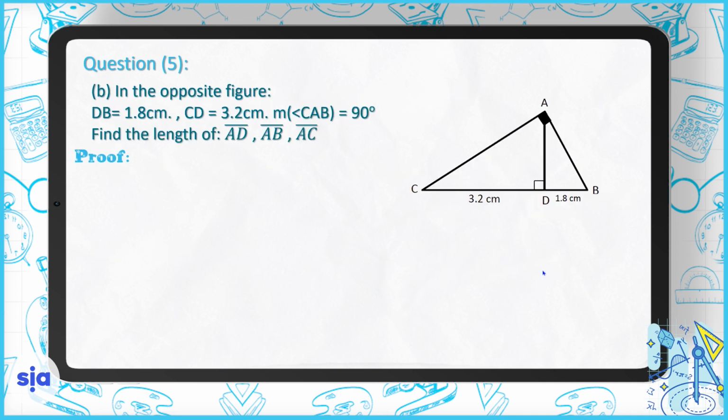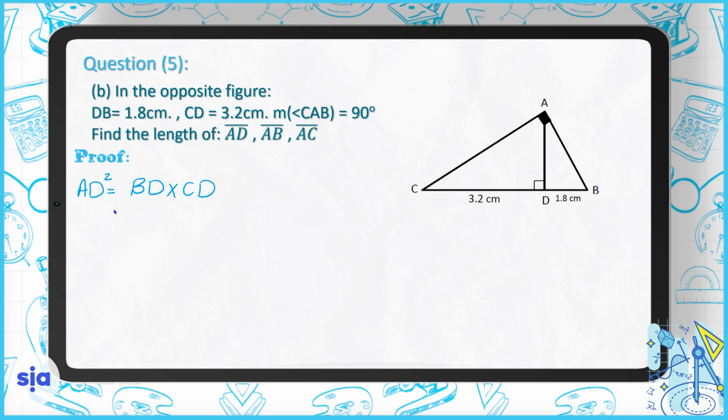Question 5b, the question here wants me to find the length of AD segment, AB segment, and AC segment. Yes, for sure, we're going to use the Euclidean theorem in here. So AD squared is equal to BD multiplied by CD.